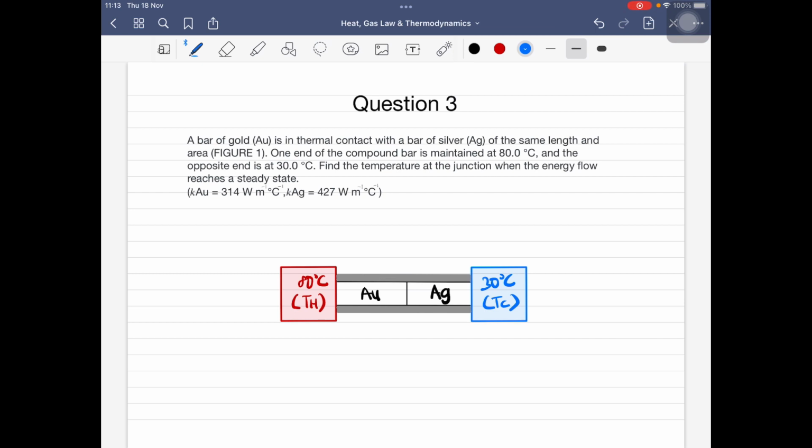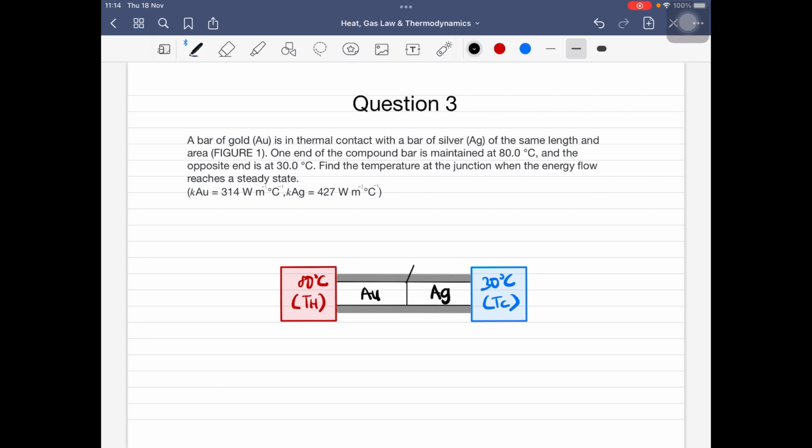Now we're going to allow the heat to flow from your hot body towards the cold body, and the heat is going to pass through these two metals. As the heat flows from the hot end to the cold end, it will reach a steady state at the junction between these two metals.